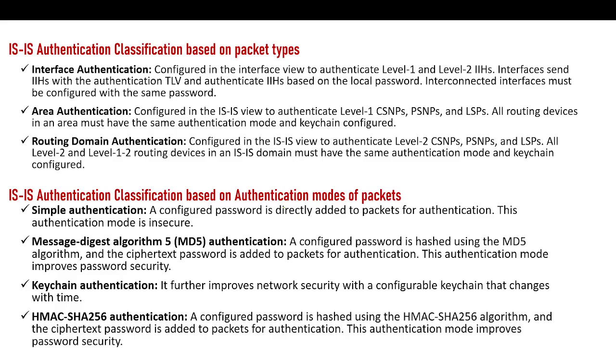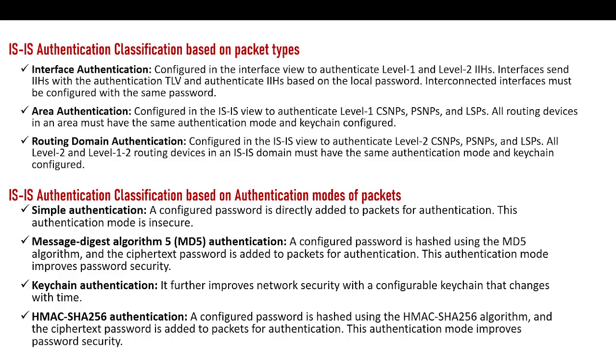Based on the authentication modes, we can have simple authentication. It's not secure enough, it's insecure, because you are only configuring a kind of plain text password authentication. When someone does a packet capture on your network, they can see the password that you have configured.